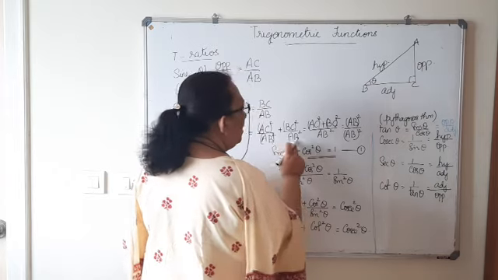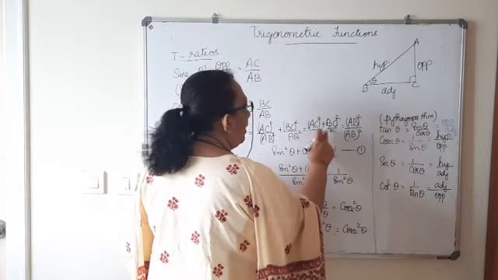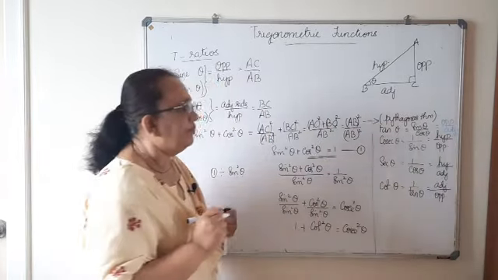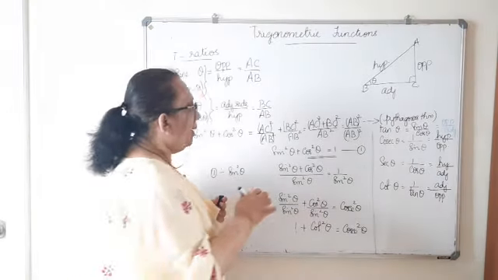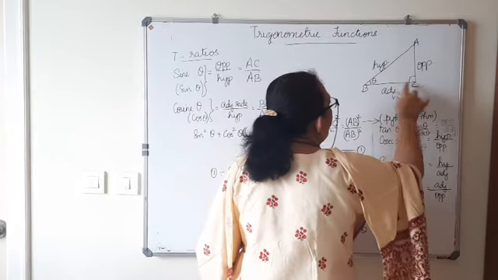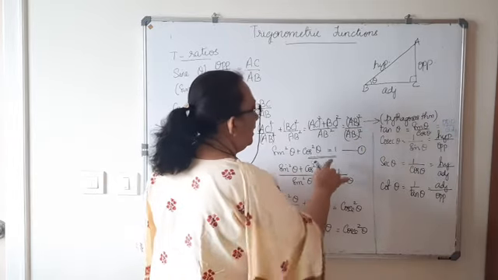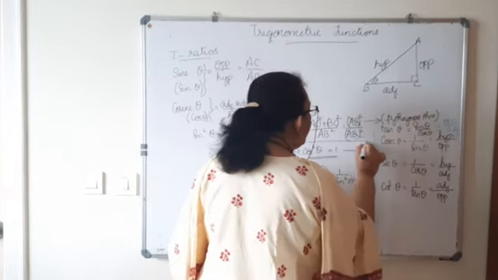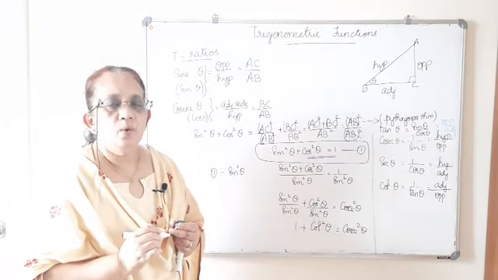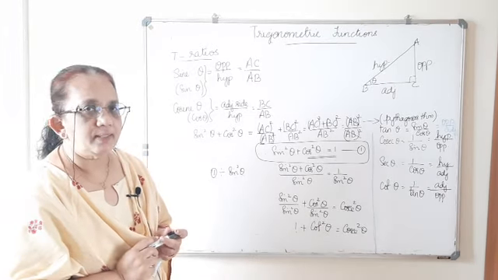Denominators are the same, that is AB squared, numerator AC squared plus BC squared, and in the numerator you can see that it follows the Pythagoras theorem. AC squared plus BC squared is equal to AB squared. So AB squared and AB squared get cancelled and it is equal to 1. So you get the first identity, that is sin squared theta plus cos squared theta is equal to 1. This is an important identity.